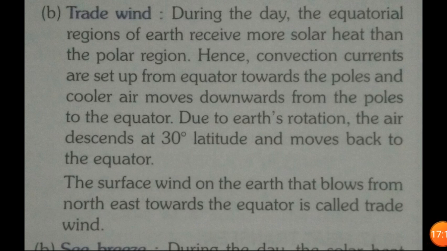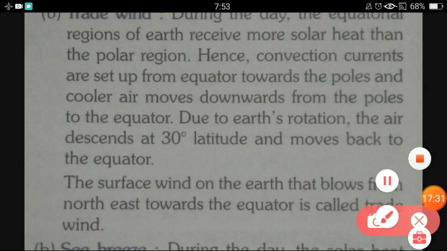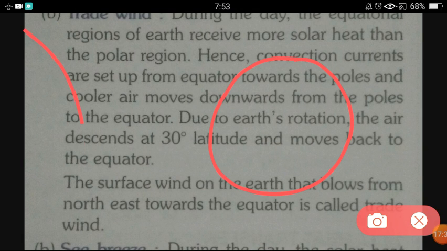The second one is trade wind. During the day, the equatorial regions of the earth receive more solar heat than the polar regions. You can understand it by this. This is earth, and suppose here is the sun.